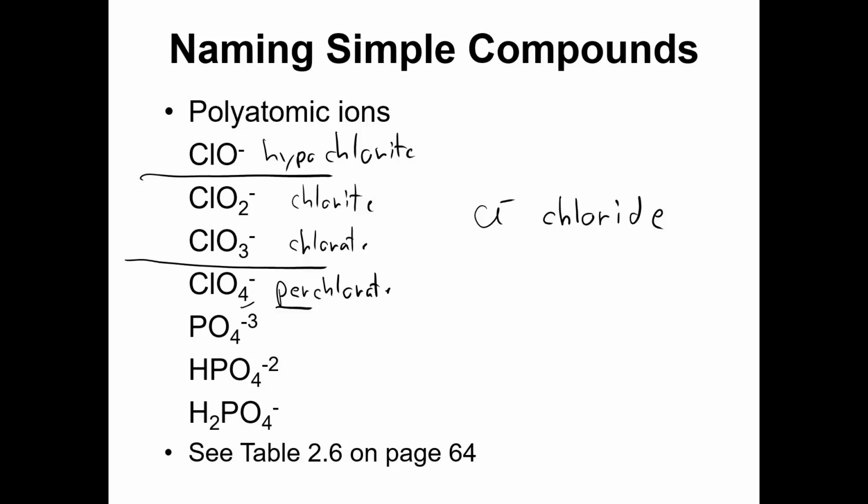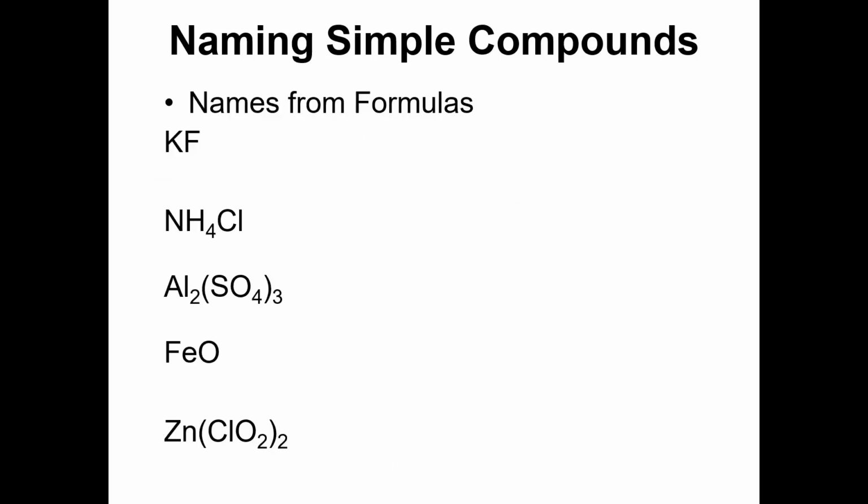And anyway, that's enough of the polyatomic ions. You get the idea. Let's dive right into the naming, right? So when we combine metals and nonmetals, we name the metal just by giving it the name from the periodic table, right? If potassium ion is by itself, K plus, we say potassium ion. If it combines, we just call it potassium.